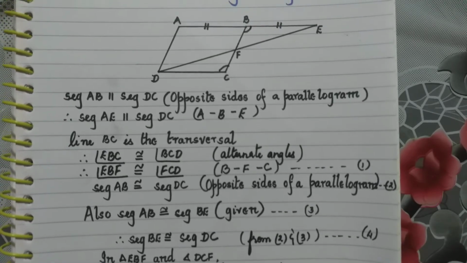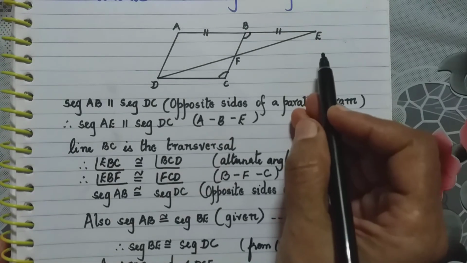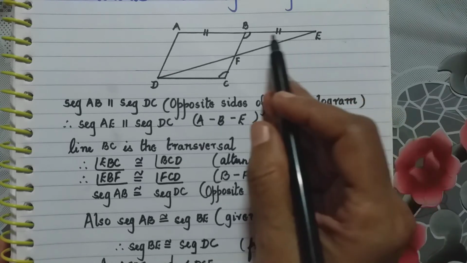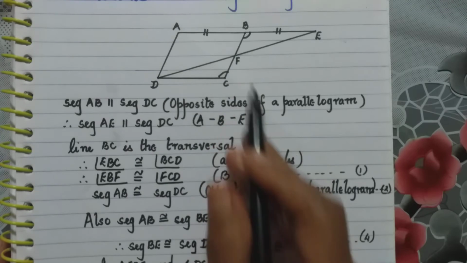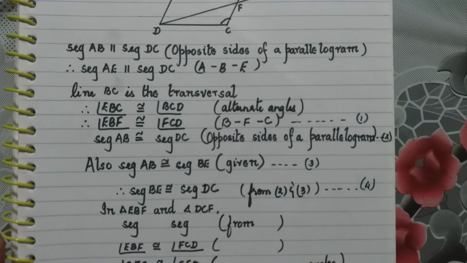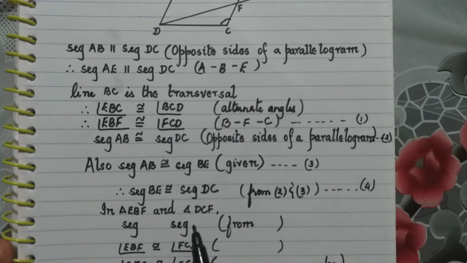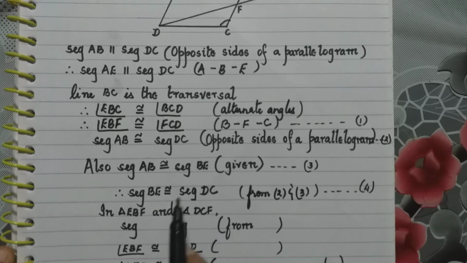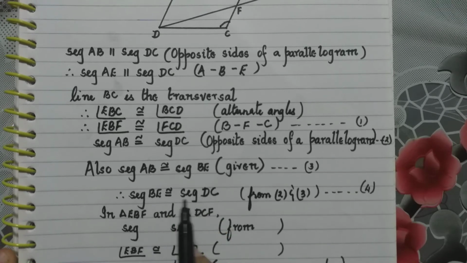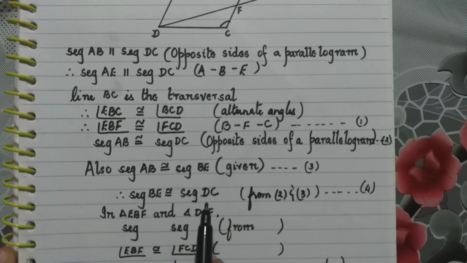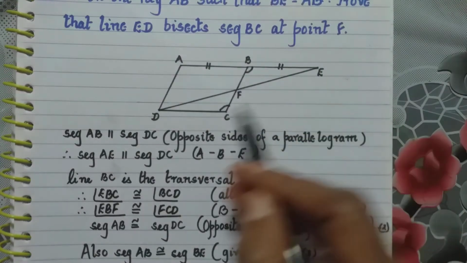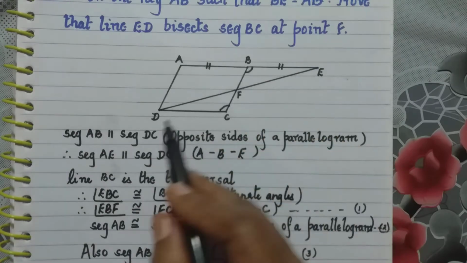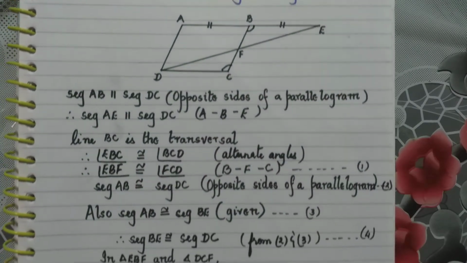Now I will consider two triangles. Which triangles? Triangle EBF and triangle DCF. So in triangle EBF and triangle DCF, first we will write this segment BE congruent to segment DC. Look here, this is one of the pairs of sides which are congruent.